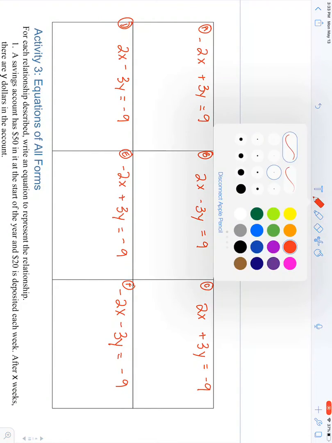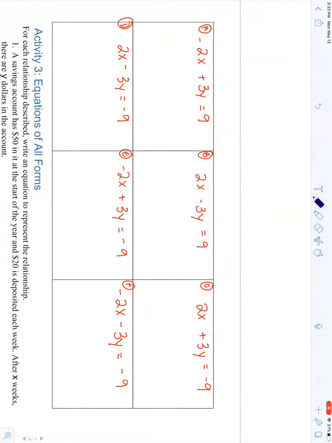Okay, welcome back. Let's see if you guys were on the right track. I'm going to use a dark blue here. So I need to isolate this variable. So I need to first get rid of that 2x. But because it's minus, I'm going to do the opposite and add 2x to both sides. When I do that, I'm left with 3y is equal to 2x plus 9.